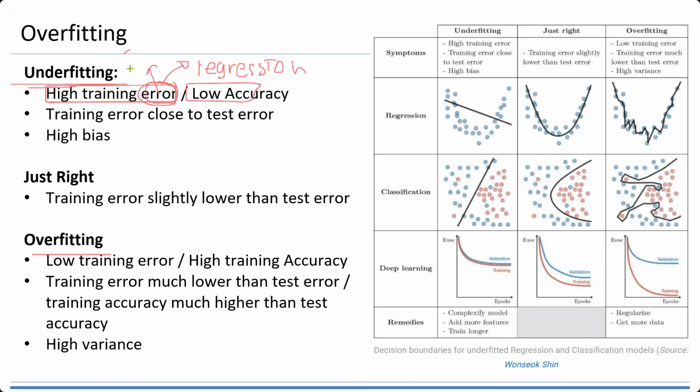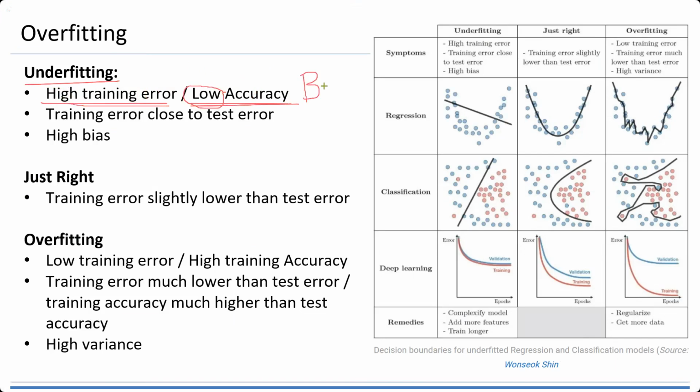If the error is near 0, then it is good. If the error is high, it is bad. The same with the accuracy. When the accuracy is high, it is good. When the accuracy is low, it is bad. Then underfitting means high training error, or low accuracy, which is bad.